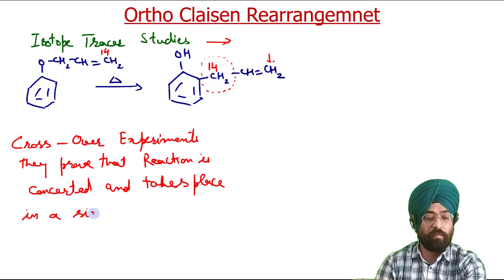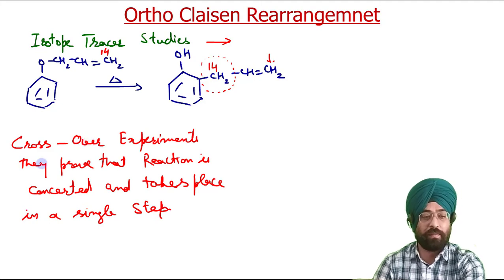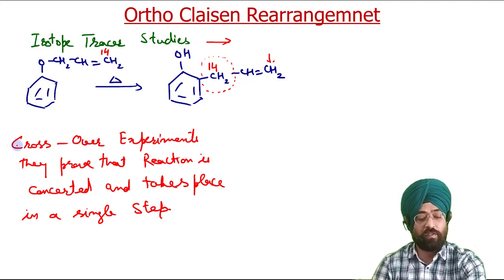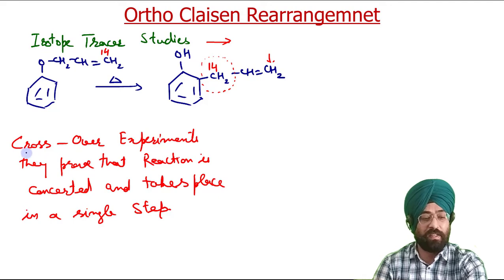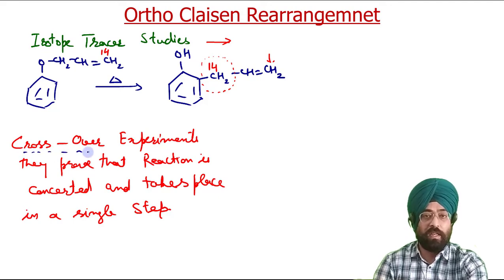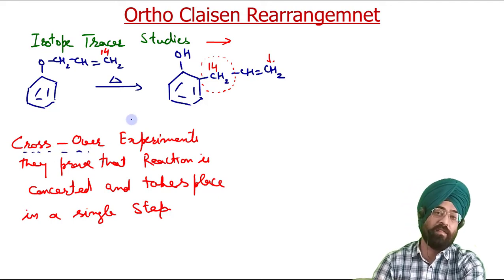So with the help of crossover experiments, we can prove that this reaction is not multi-step, it is a single step reaction. Now what are these crossover experiments? That I will discuss in detail with you in our next mechanism, that will be Fries rearrangement, where we will prove that that is a multi-step reaction.